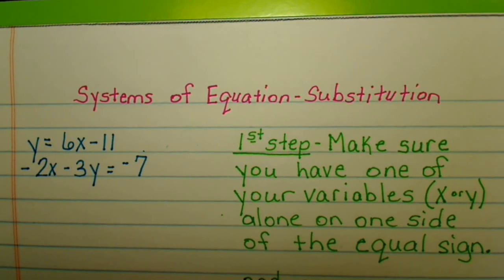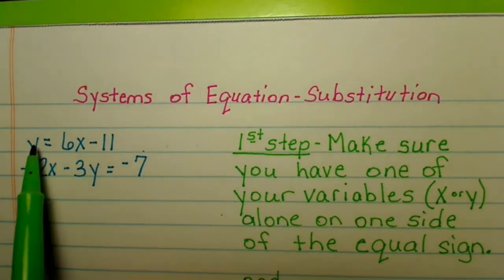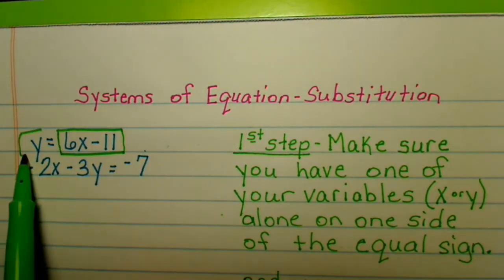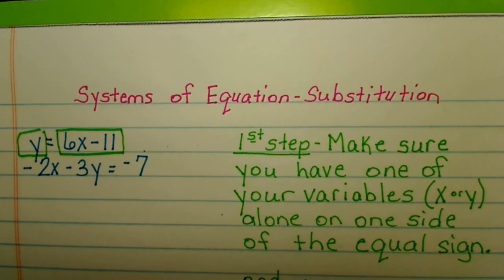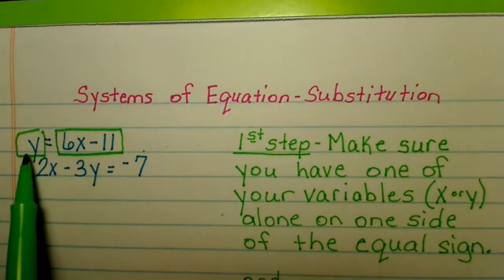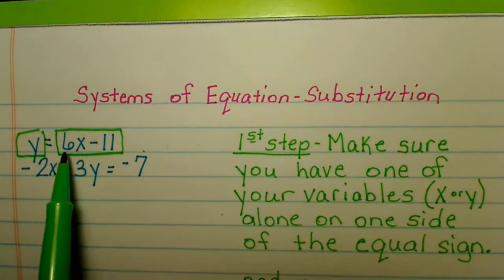And that is substitute what that variable is equal to into the other equation. So this variable right here, this y, is equal to 6x minus 11. Those two values are the same. Just like we watched in a video the other day where he said, it's kind of like this might be a $10 bill and these are two 5s.